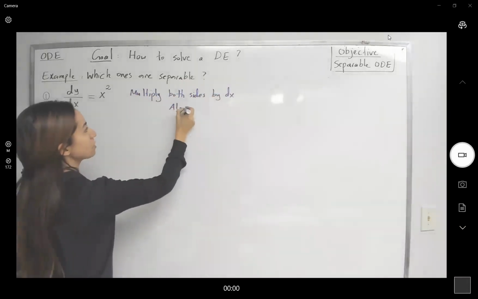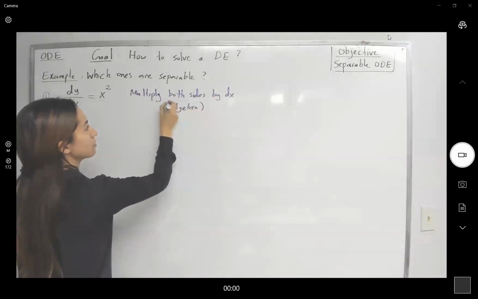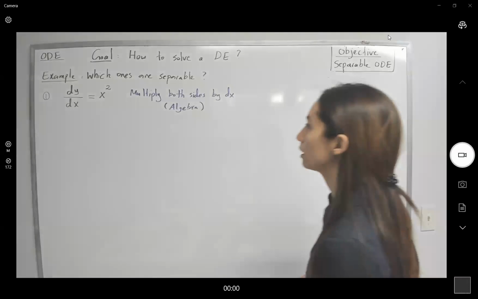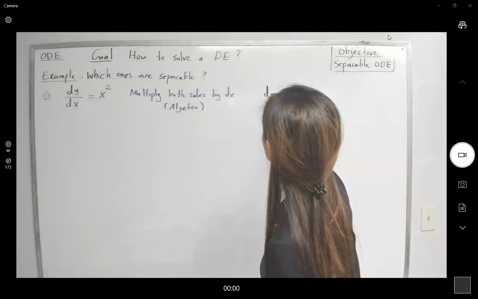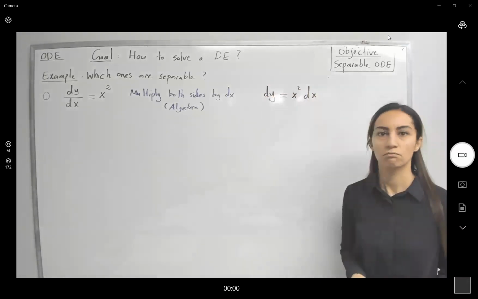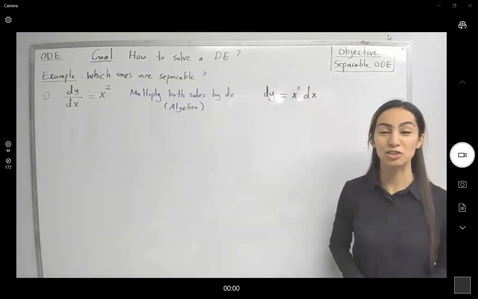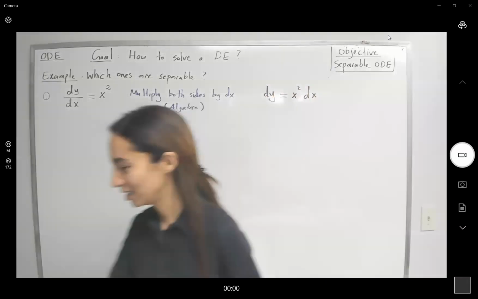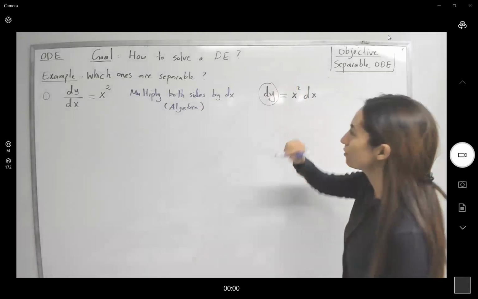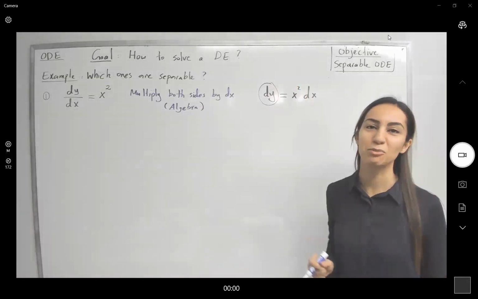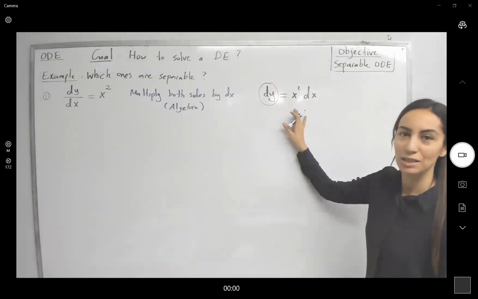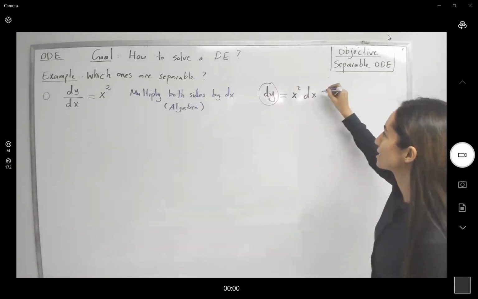This is just pure algebra. What do we see? We have dy equals x squared dx. Did I separate this differential equation? Yes, of course. On the left-hand side, we only have dy. The function that is multiplied by dy is just 1. So dy is separated from x squared dx.